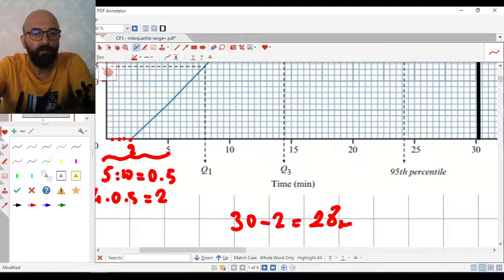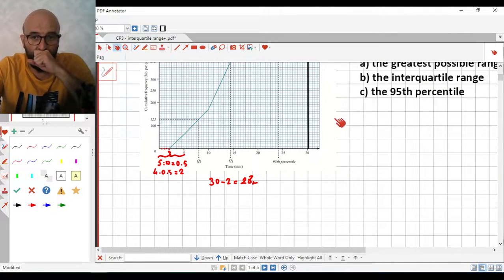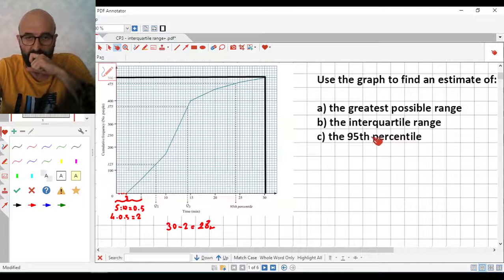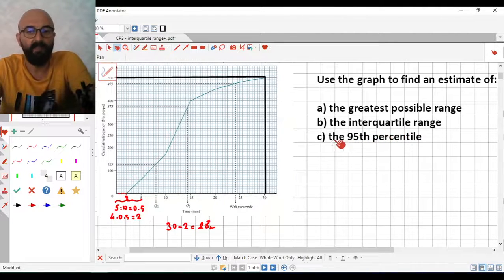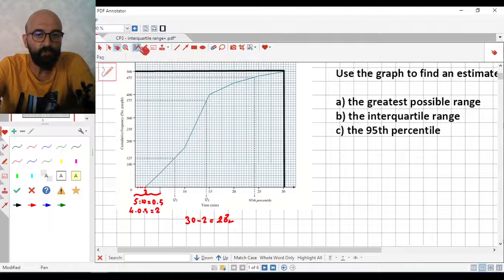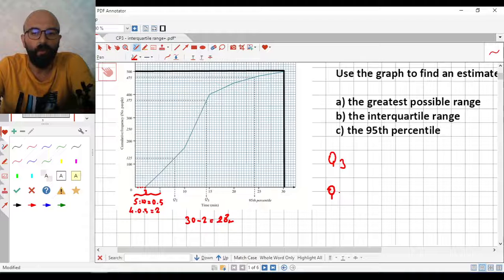Okay, now the other question, the interquartile range. For the interquartile range, we should find Q3 and Q1. For finding Q3, we have 500 people multiplied by 75%, so it means the 375th person.